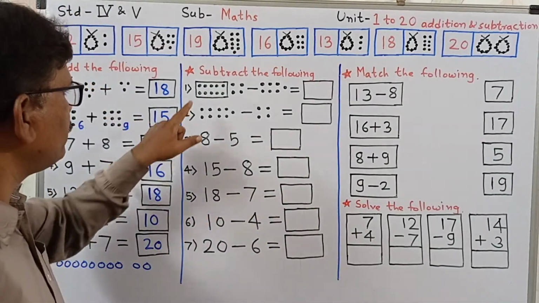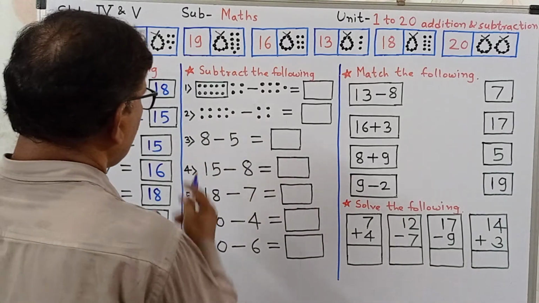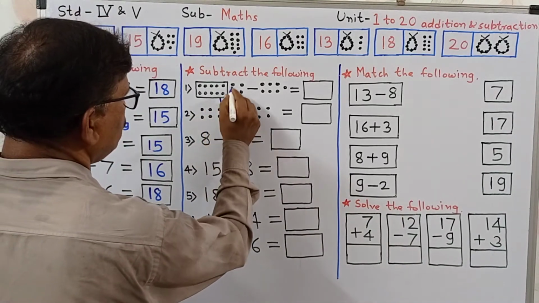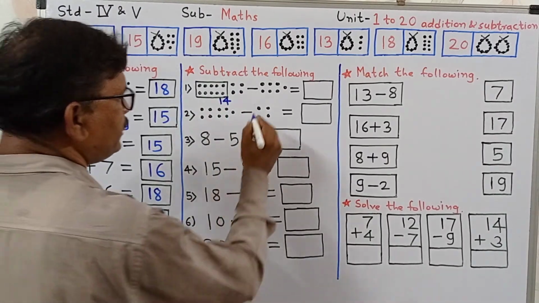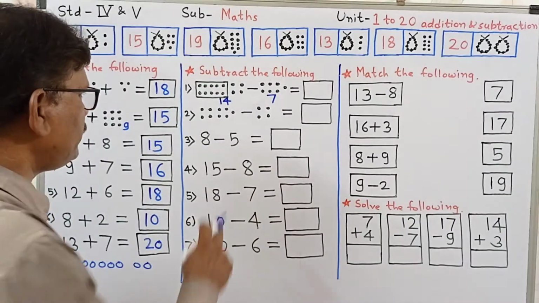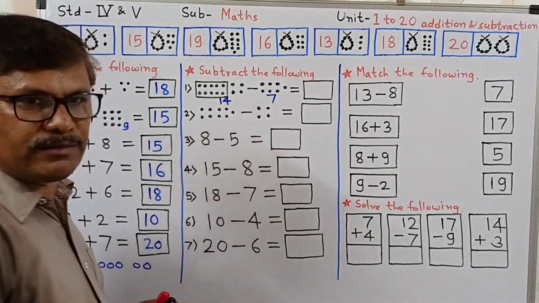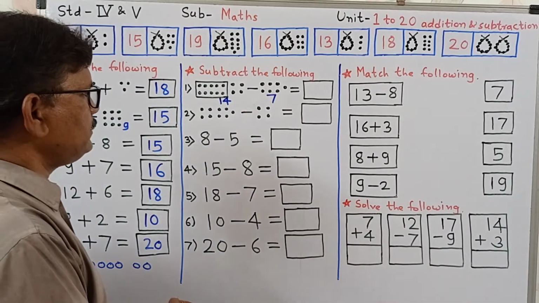Listen here. Which is the number? 14, which is 1 ten and 4 units, minus 7. So how do we know?